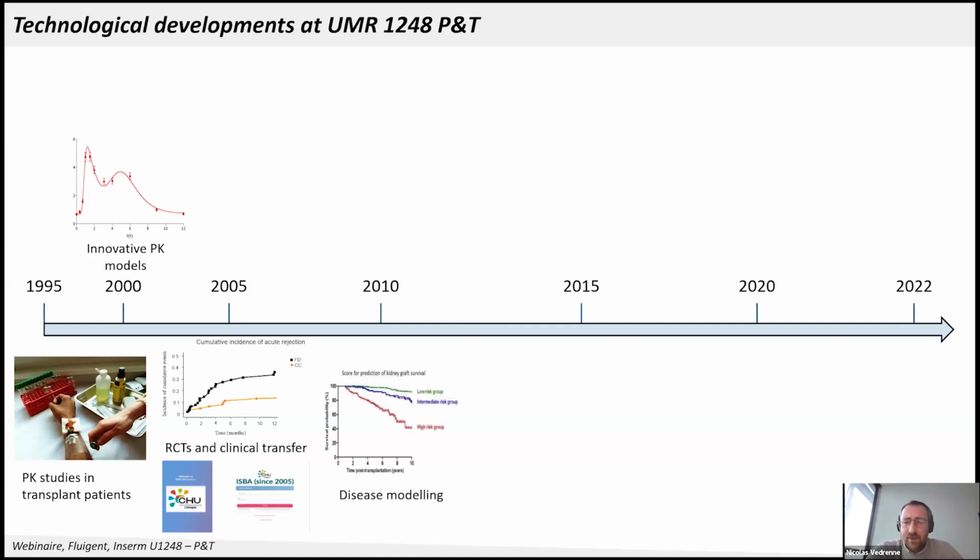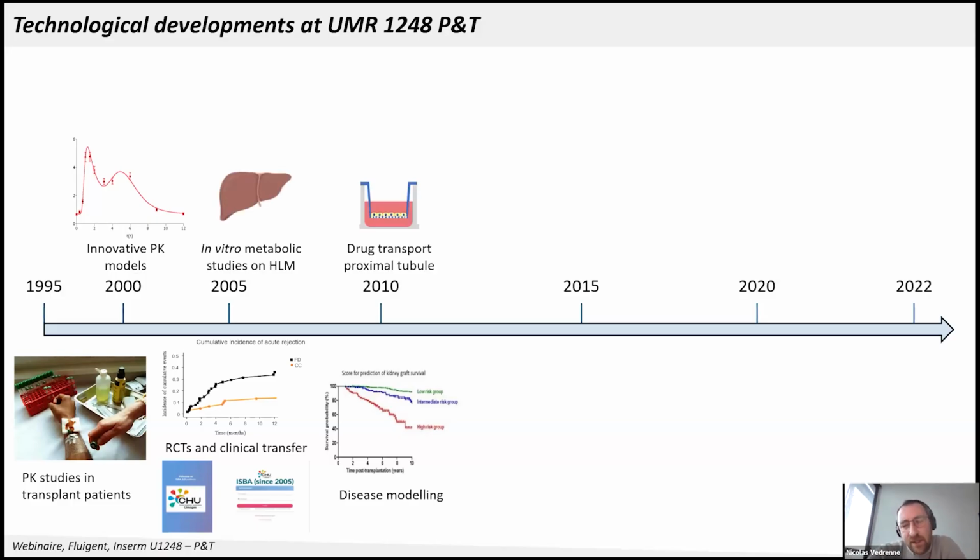In the early 2000s, a large clinical and pharmacological database was created that is still widely used by clinicians and researchers. This resource has become a cornerstone for transplantation follow-up, outcome prediction and disease modeling, contributing to the improvement of graft management.